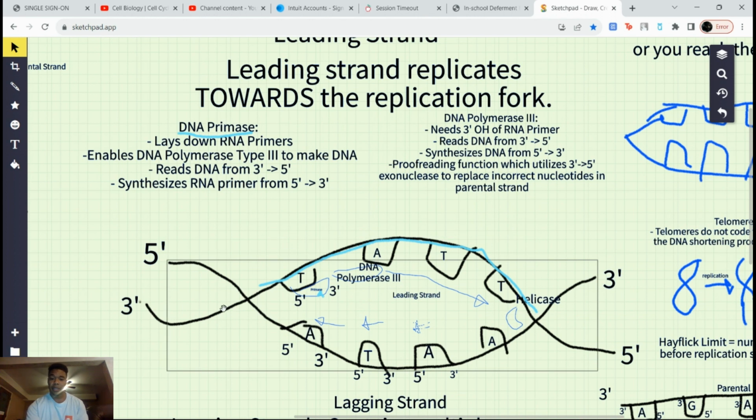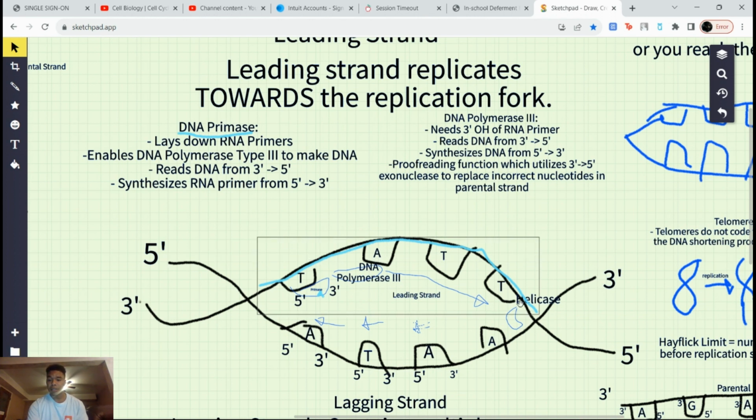So like I said, it's just going to read this as helicase unwinds this DNA strand moving to the right. From the 3' to the 5' end of the parental strand, it's going to synthesize from 5 to 3, the leading strand.